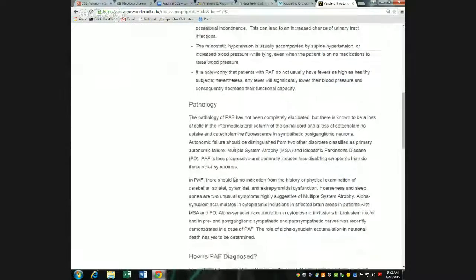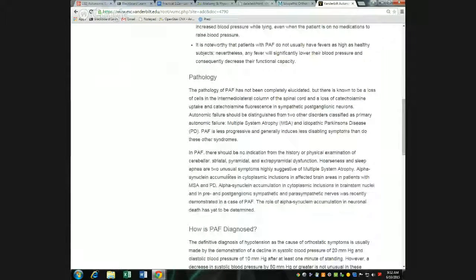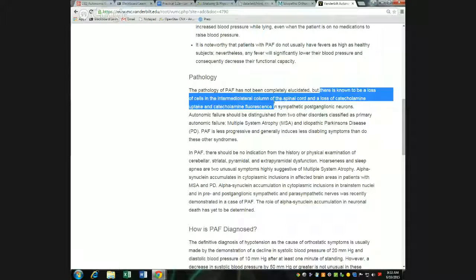And it does fall under the idiopathic description a little bit, because it's not clear on exactly what's causing it ultimately. But the main problem is there's a loss of cells in the intramediolateral column of the spinal cord.